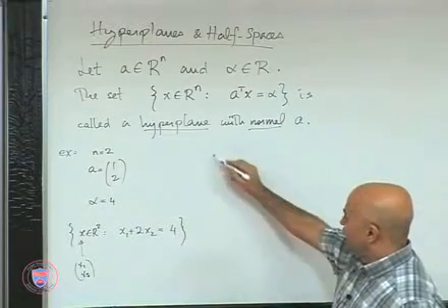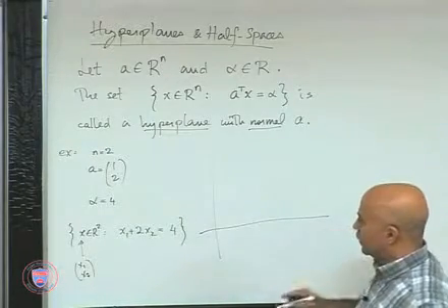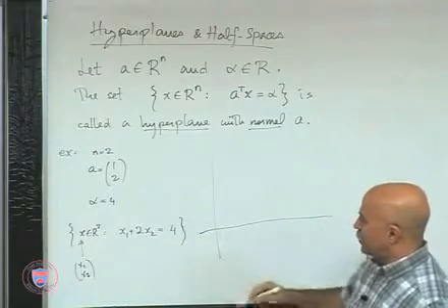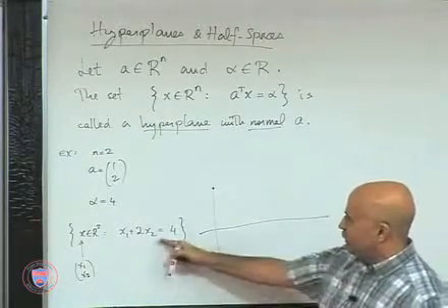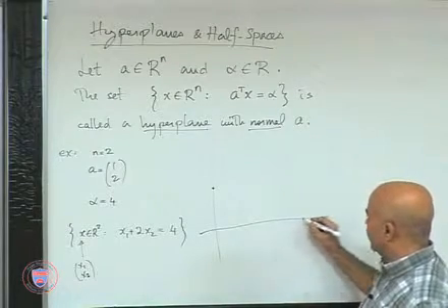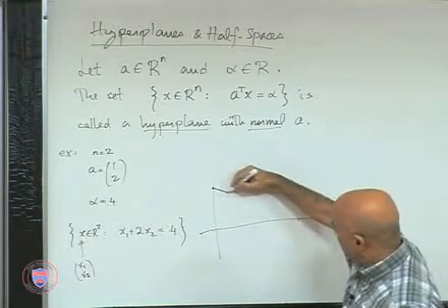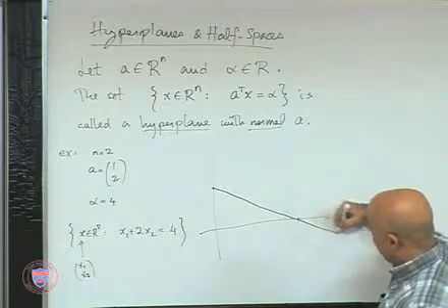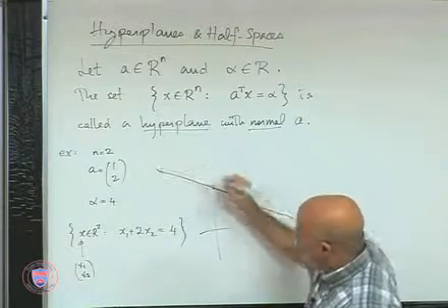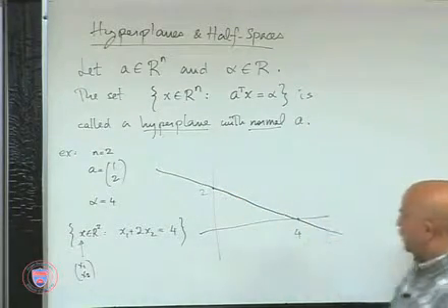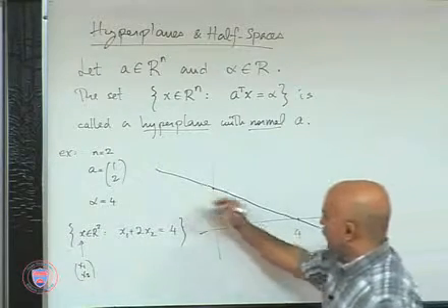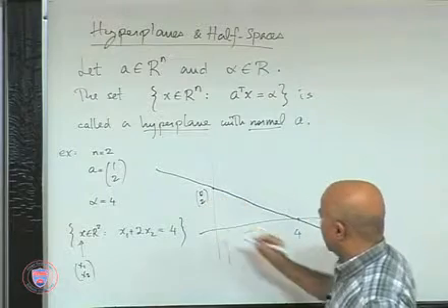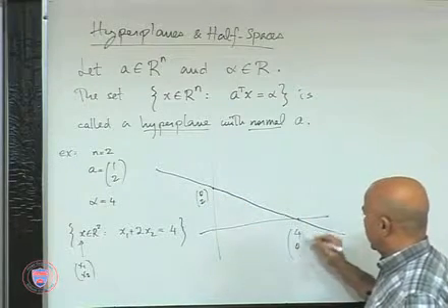If you draw it, when x1 is 0, x2 is 2, and when x2 is 0, x1 is 4. So your hyperplane goes through the points (0, 2) and (4, 0).